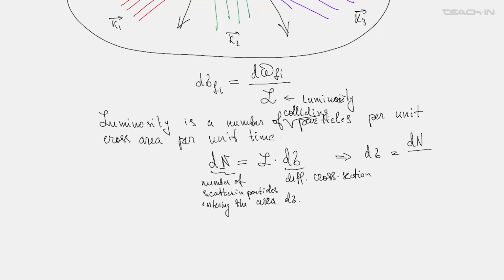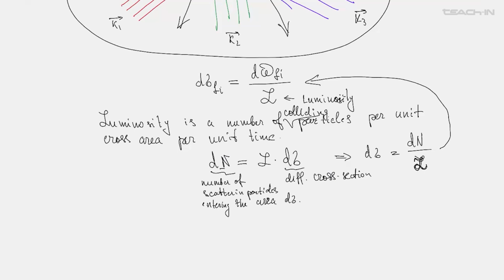Here in quantum field theory, we define the differential cross-section by a similar formula, where the role of dn is played by this differential probability d omega.